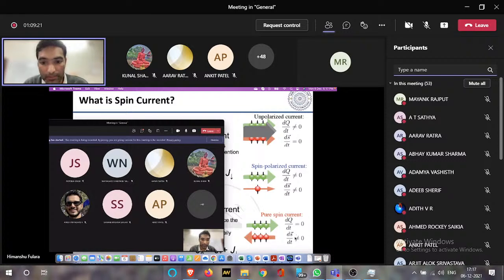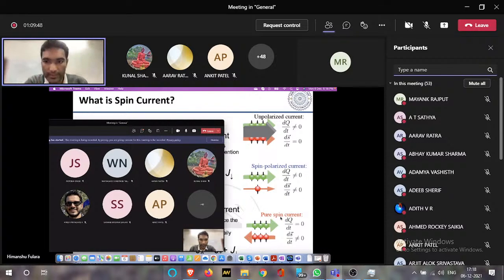You have only spin current, and that's why it is called the pure spin current. Pure spin current means you have spin up electrons flowing in one particular direction and spin down electrons flowing in the exactly opposite direction.